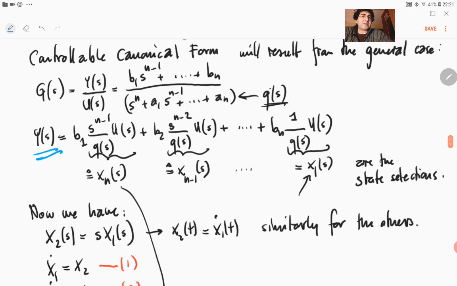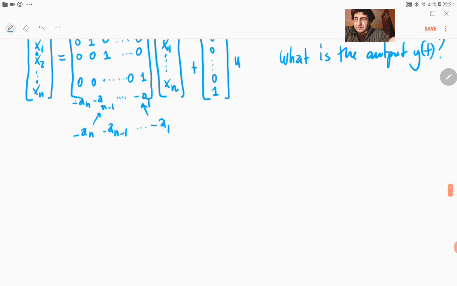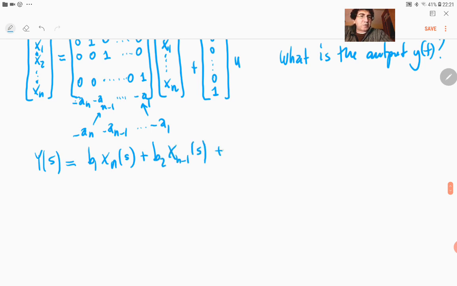It's a linear combination of all the states where coefficients are b1, b2 up to bn. So we had y of s equals b1 xn of s, b2 xn minus 1 of s, up to bn x1 of s.